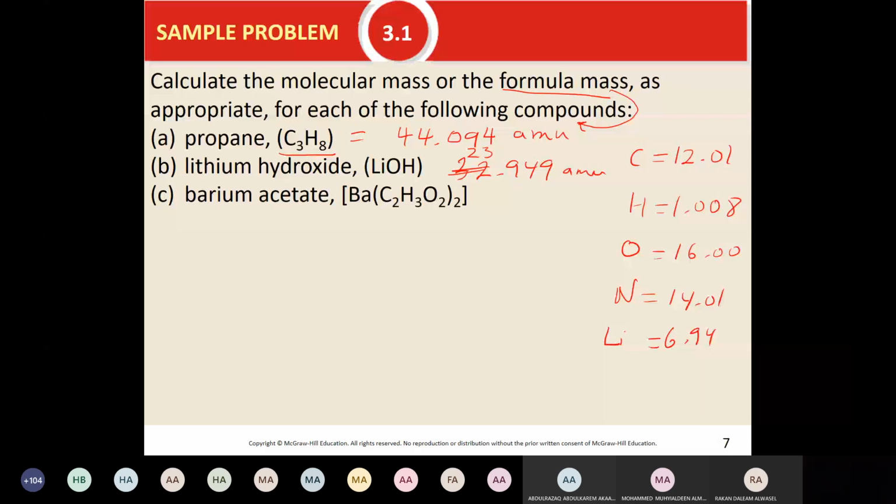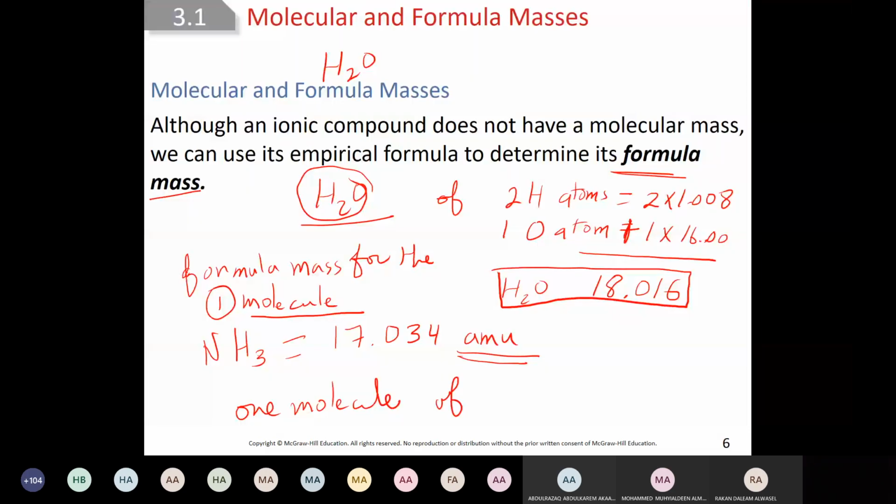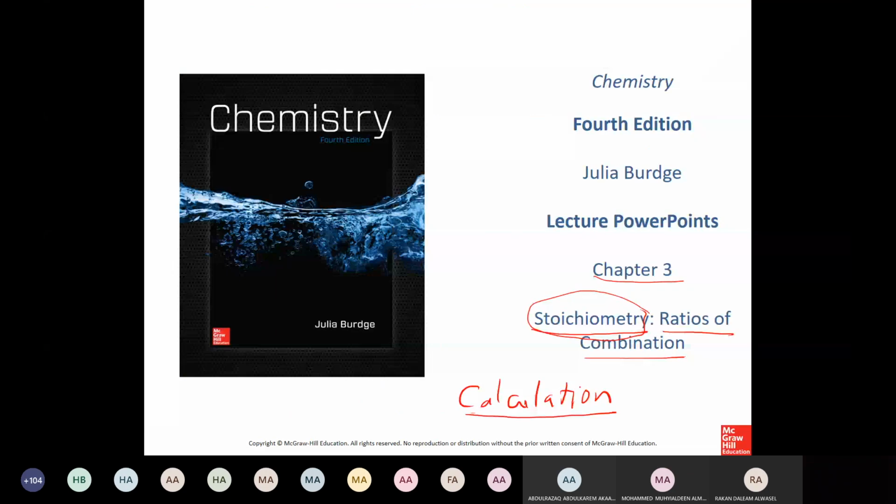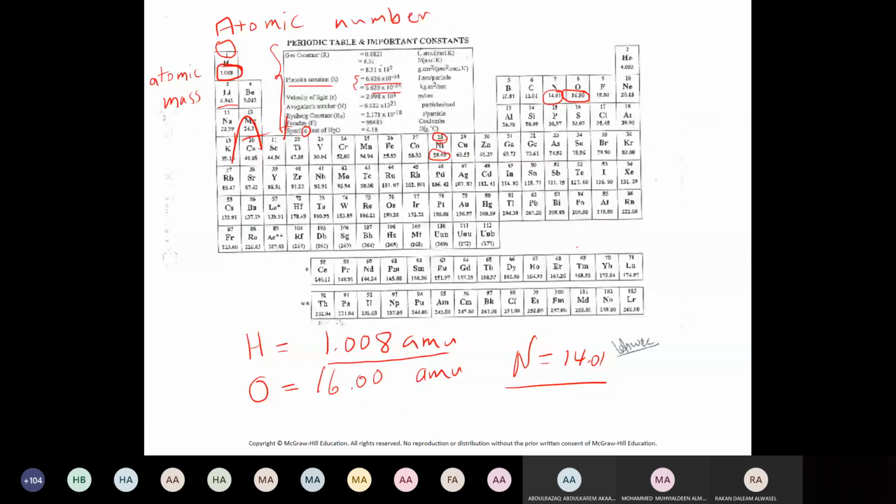Okay, how about barium acetate, Ba(C2H3O2)2? We need to find the mass of barium because I have everything here except barium. So I will go and find what's the mass of barium. Barium is here, which is 137.